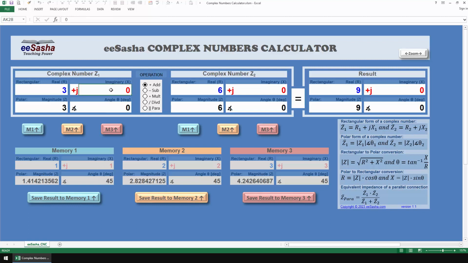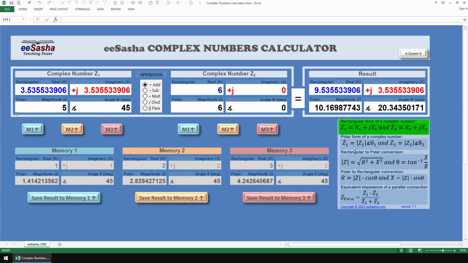If I change the imaginary component to, let's say, 3, then the magnitude will change correspondingly and the angle will be calculated. Note that angles in this calculator are always expressed in degrees, not radians. Similarly, if I change the magnitude to, let's say, 5, the real and imaginary components will be calculated that correspond to that magnitude and the angle that was there before.